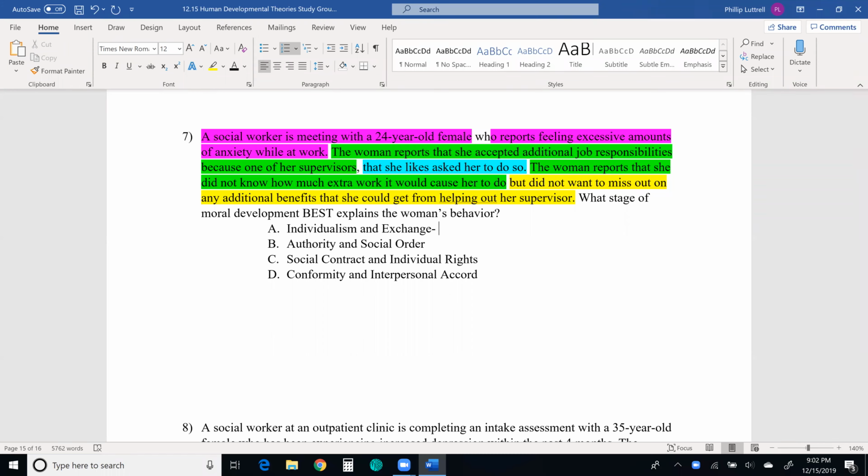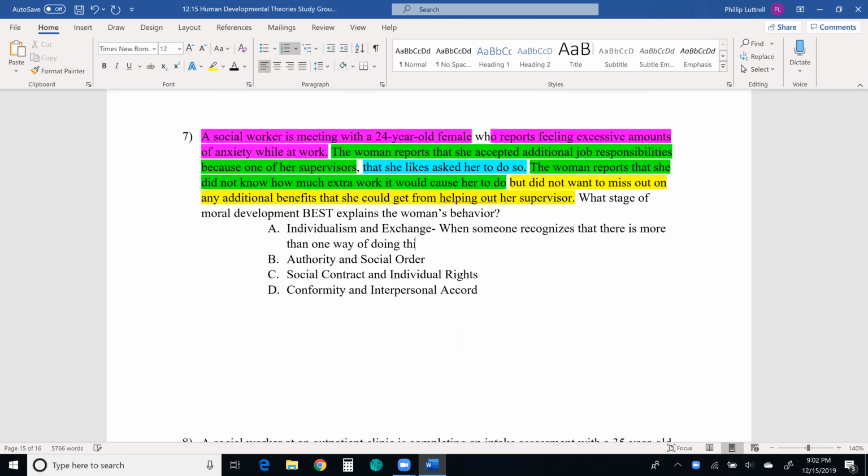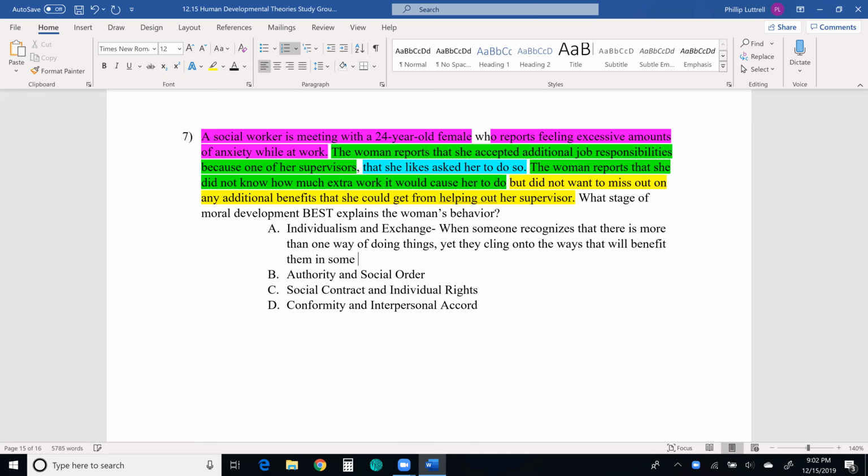So, individualism and exchange, when someone recognizes that there is more than one way of doing things, yet they cling onto the ways that will benefit them in some way based on the perception of someone they look up to, so someone of authority.